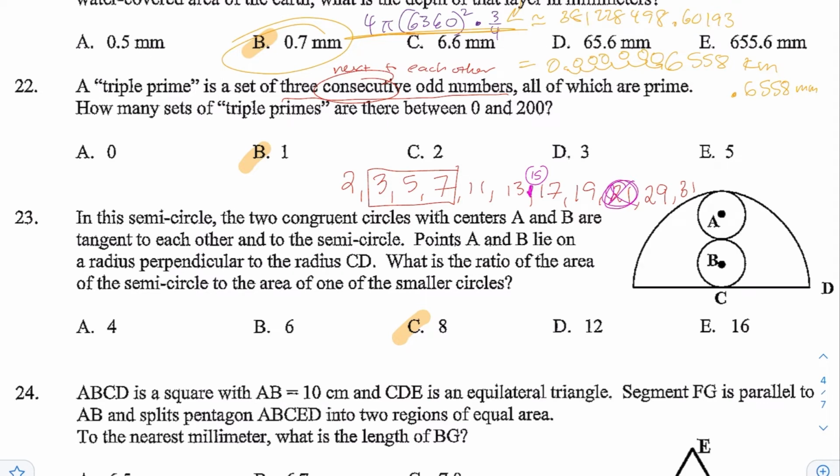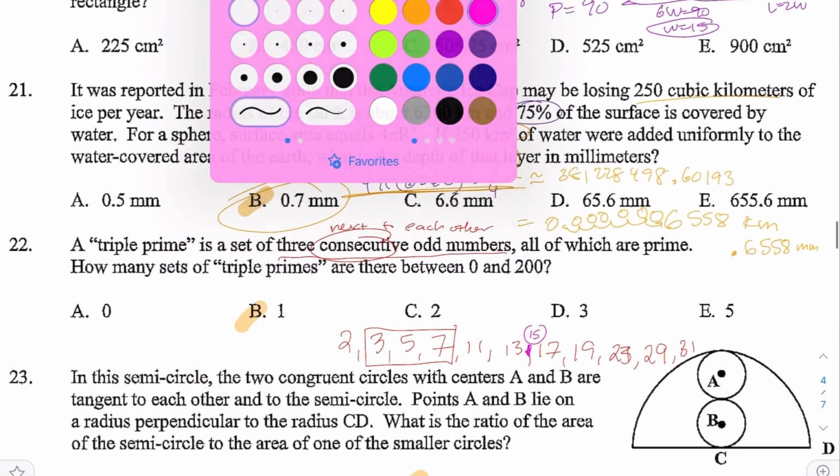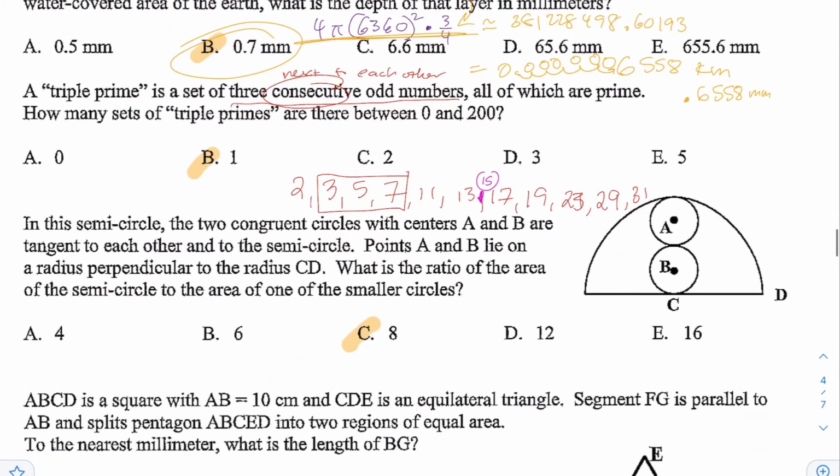So I meant to say 23 there. 21 is a multiple of 3, that is here. Then you have 25 is a multiple of 5, and 27 is a multiple of 3, that's there. And then 33 is a multiple of 3, that's after 31.